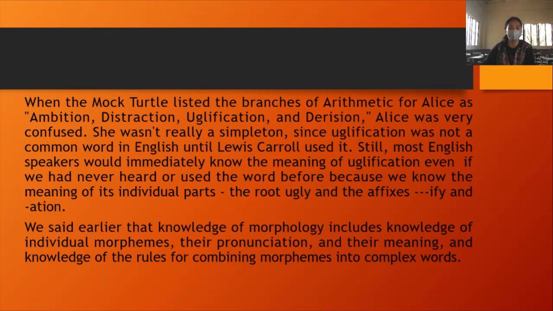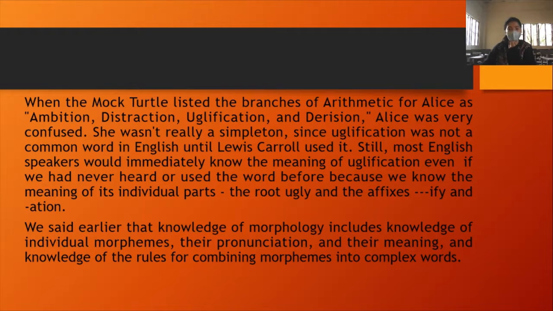When the Mock Turtle listed the branches of arithmetic for Alice as ambition, distraction, uglification, and derision, Alice was very confused. She wasn't really a simpleton, since uglification was not a common word in English until Lewis Carroll used it.